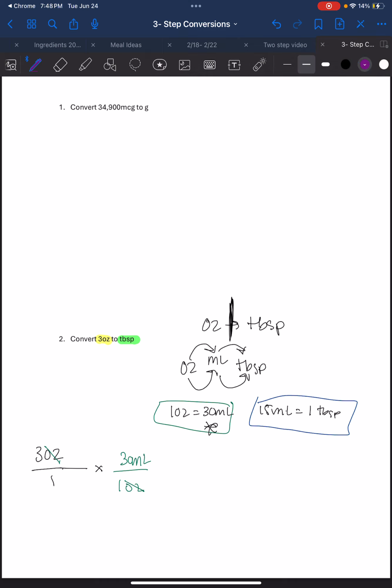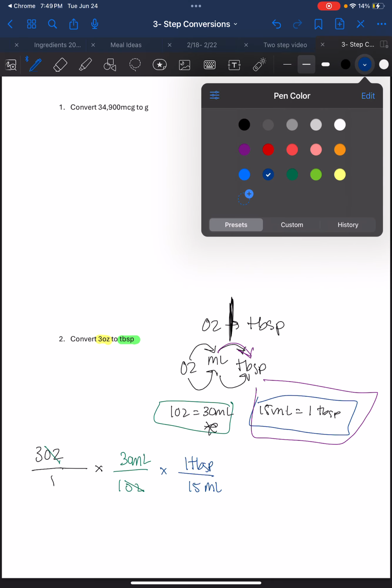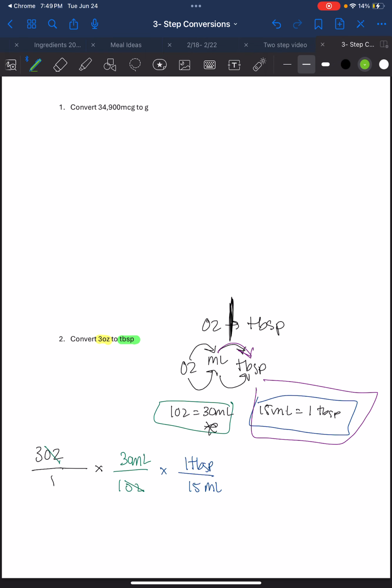The next one, we're going to go from milliliters to tablespoons. We know that 15 mLs equals 1 tablespoon. I mentioned that in blue. To get mLs to cancel out, we have to put mLs on the bottom, which is going to be 15. And then 1 tablespoon on top. And our desired unit is tablespoon, so we're in tablespoons, which is good.